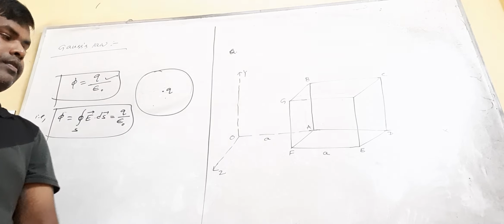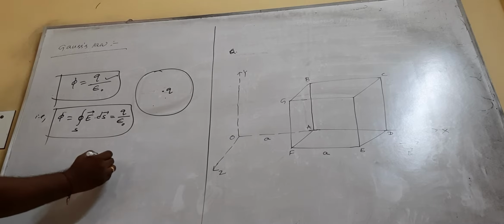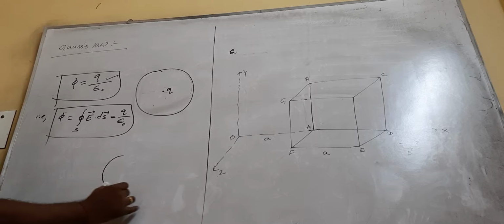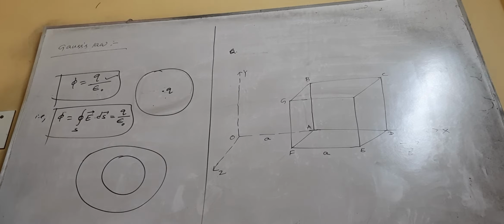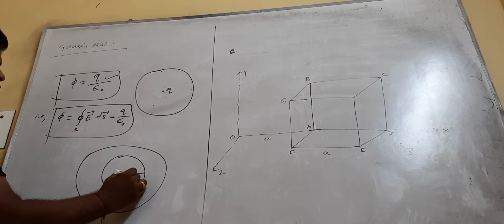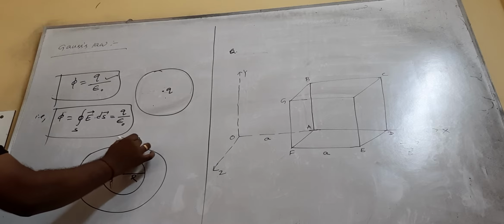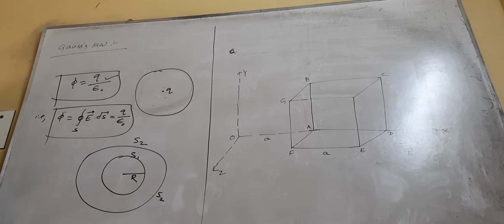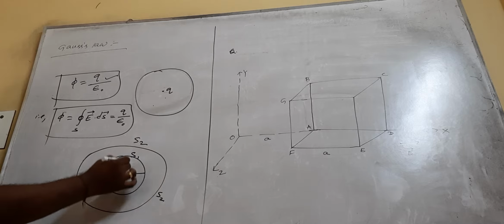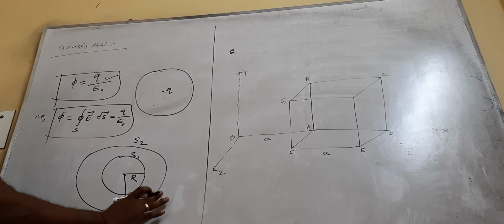Now, suppose there are two concentric spherical surfaces. The first one has radius R, it is S1, and the second spherical surface is S2 with radius 2R.